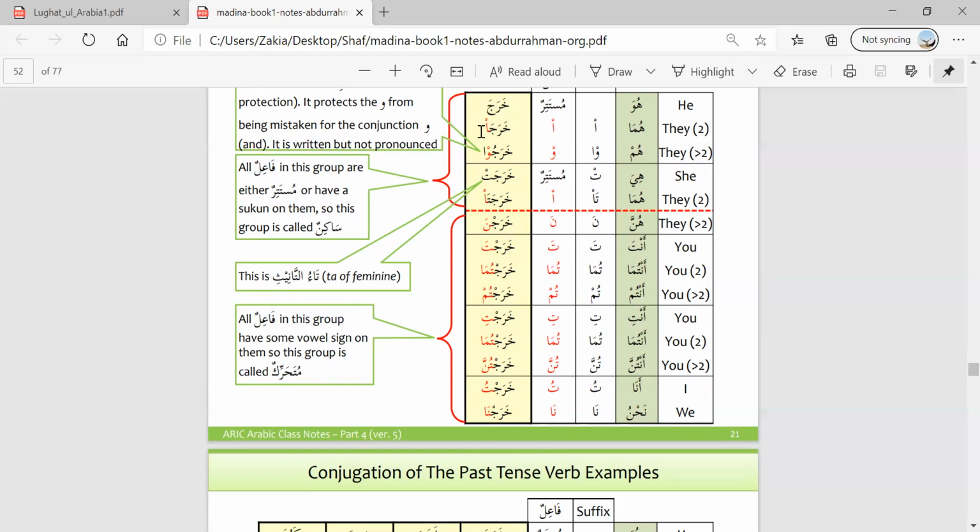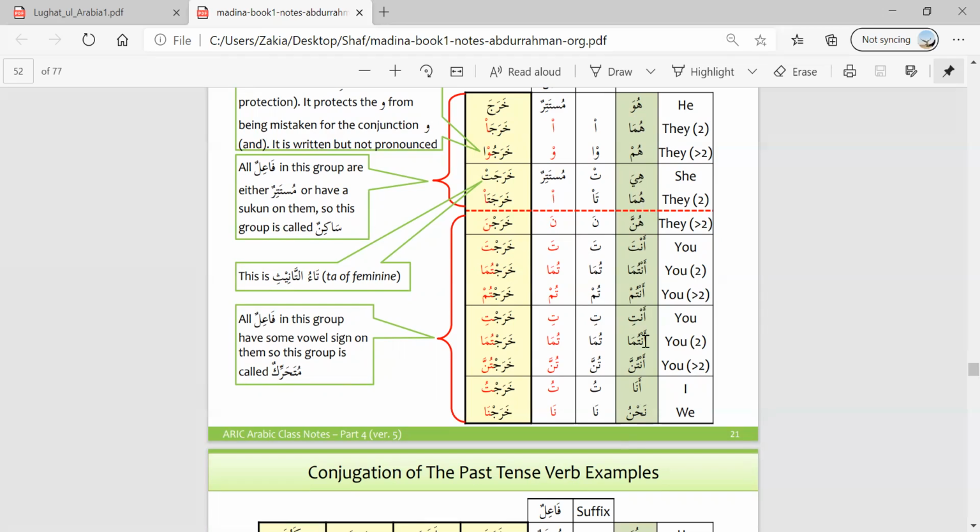So when I see this kharaja, I know it's dual because it has an alif. And I already told you huma for them two, masculine and feminine, is the same. The only way to distinguish it is in the past tense of the verb. The feminine one will be preceded by a ta, and here you will just have the alif standing alone. That is the only way of distinguishing the difference.